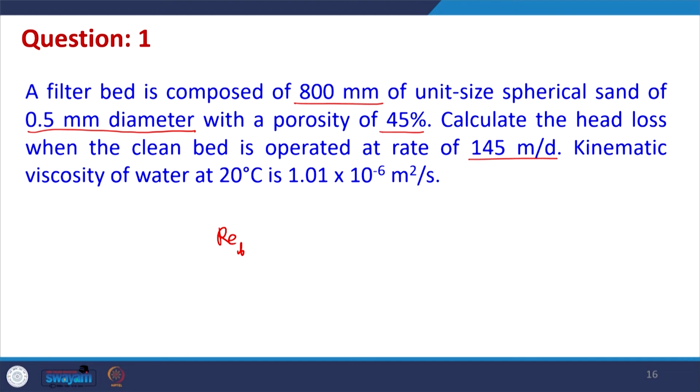Once it is known, in the second step we can calculate FB or FB dash. Any of these can be found out. We already know the equation for any of the zones, and once this is known we can use the superficial velocity equation to find out the pressure drop.